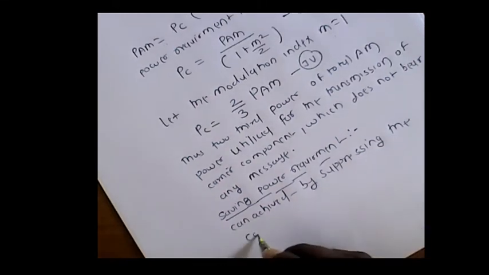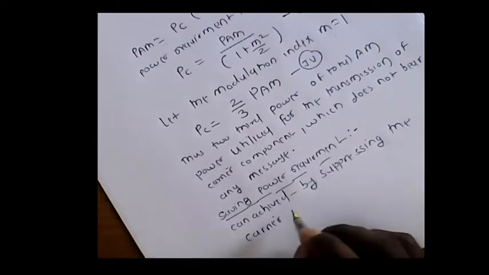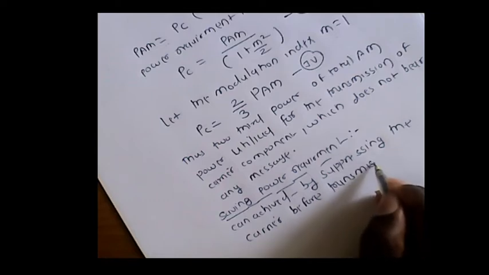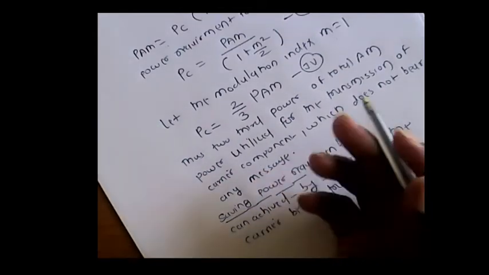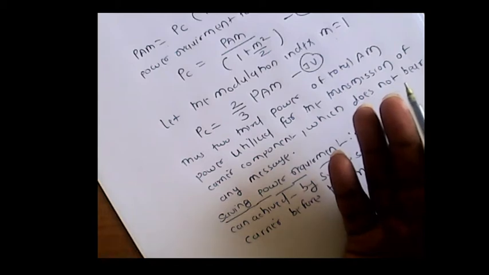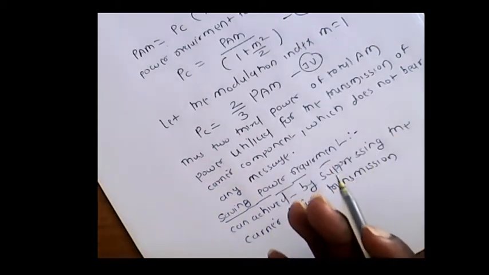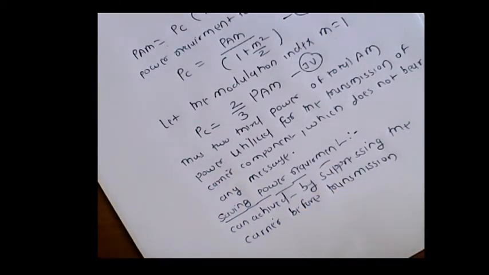Suppressing means completely removing the carrier before the transmission. So that is the objective of double sideband suppressed carrier, to save the power, because 2/3 of the power out of the total AM power is utilized only to transmit the carrier wave, which is not a very efficient way. So to save the power, we use the double sideband suppressed carrier.